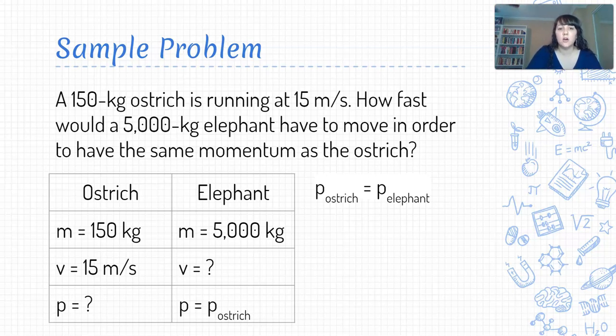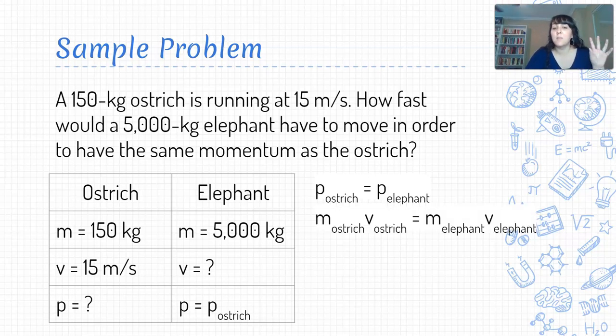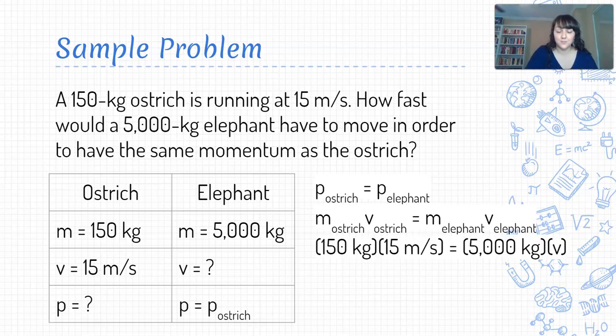Momentum is just equal to mass times velocity, so I can rewrite this equation saying the mass of the ostrich times the velocity of the ostrich, which is its momentum, is equal to the mass of the elephant times the elephant's velocity, because that's the momentum of the elephant. So I can set those two equal to each other, and now I can start plugging in information. I know the mass of the ostrich, the velocity of the ostrich, and the mass of the elephant, so I substitute those values into the equation.